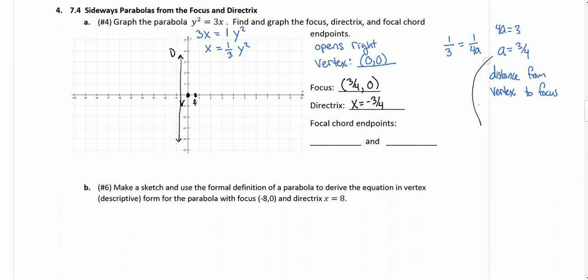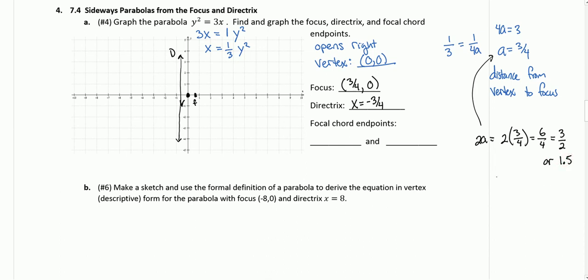Then if you take a and multiply it by 2, so 2 times 3/4, we work that out, we get 6/4, reduce that to 3/2, or 1.5.